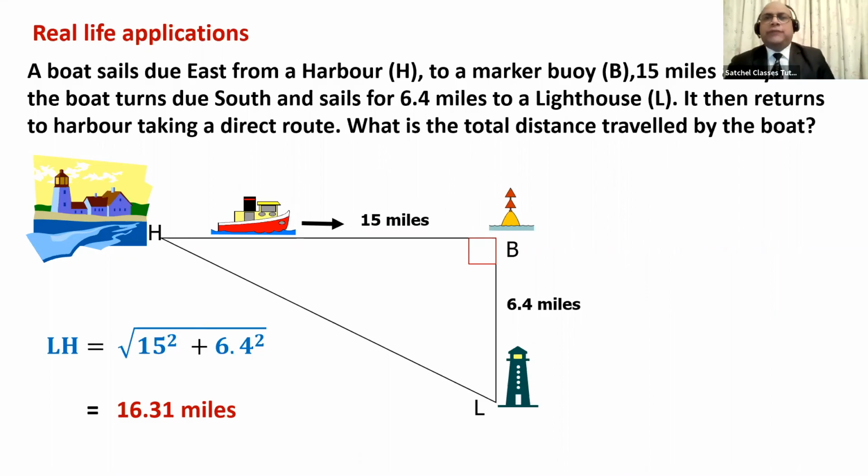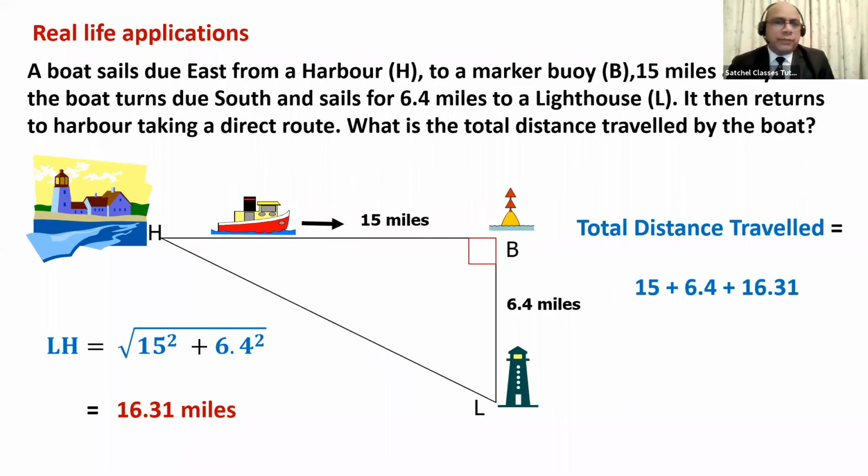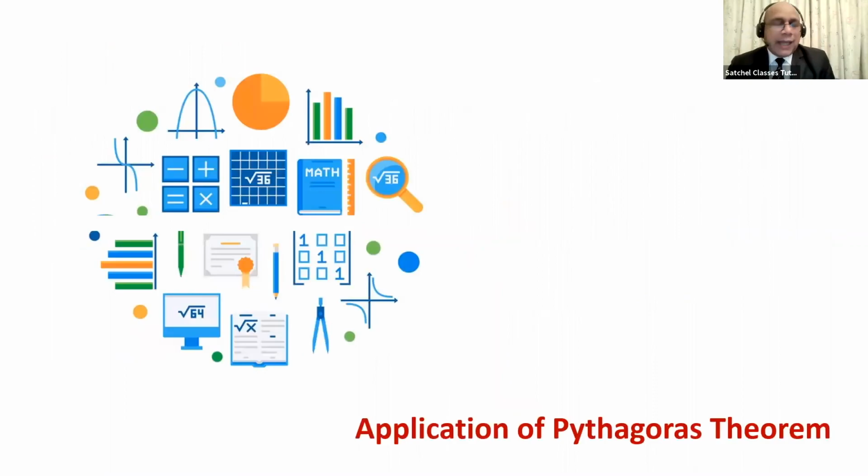The question is to find the total distance traveled by the boat in this round journey. So the total distance traveled by the boat will be 15 plus 6.4 plus 16.31, which equals 37.71 miles.